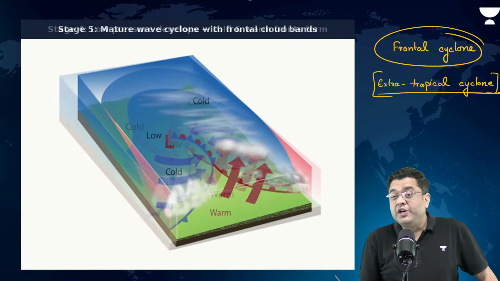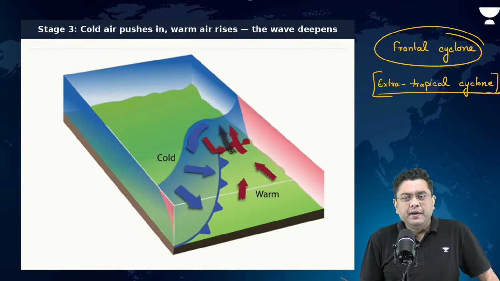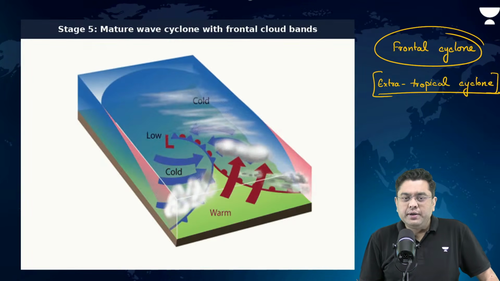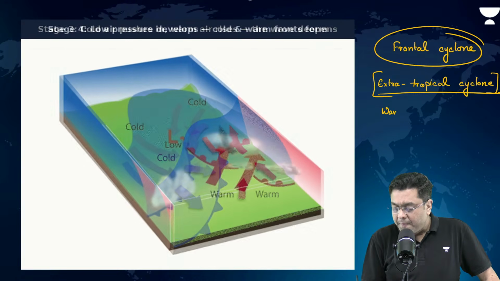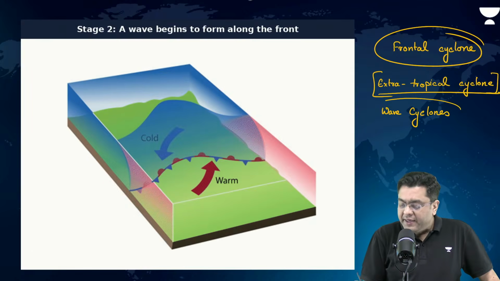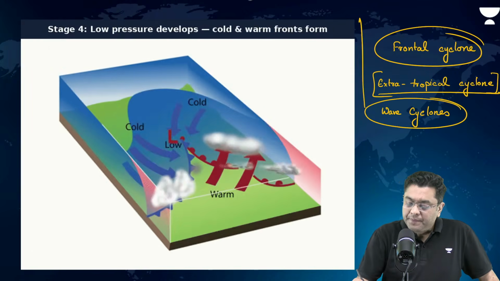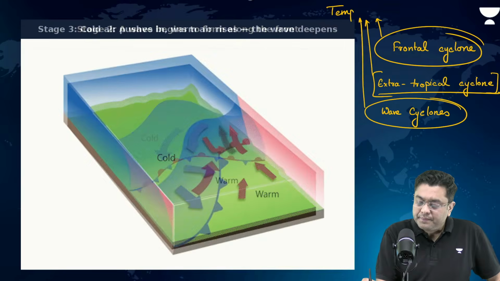Now, front formation happens in almost a wave-like format, hence also known as wave cyclones. All of these are the names of the same phenomenon, that is temperate cyclones.